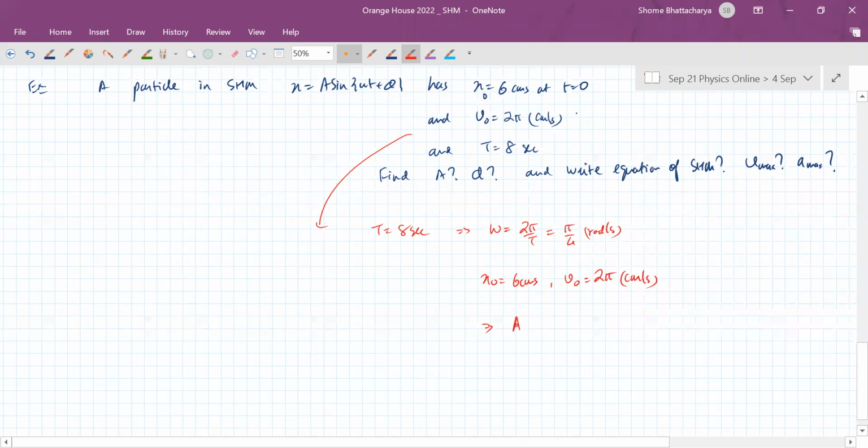It means that the amplitude is to be square root of 6 square plus the second term.